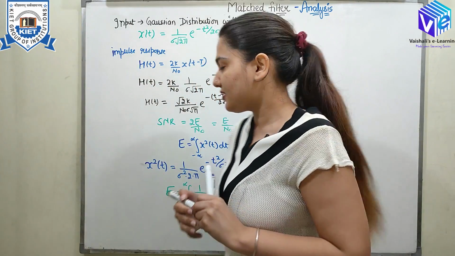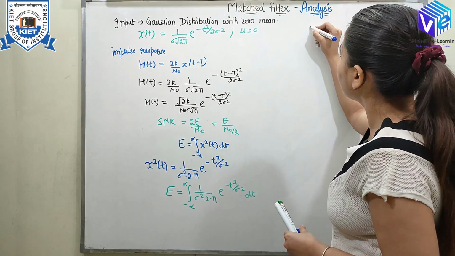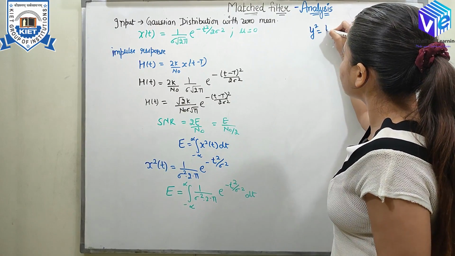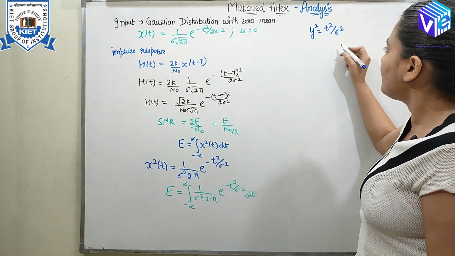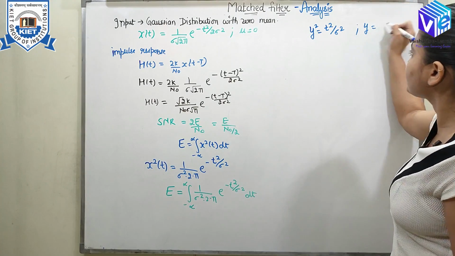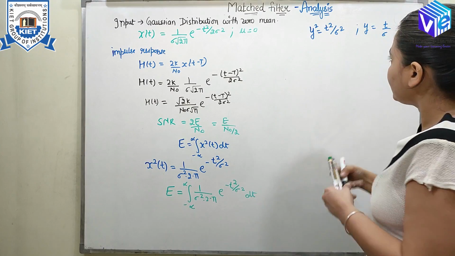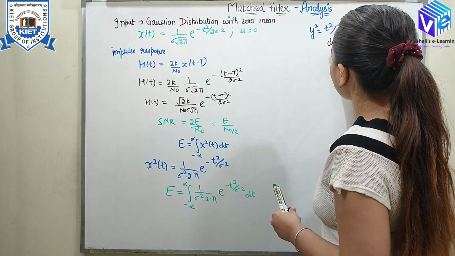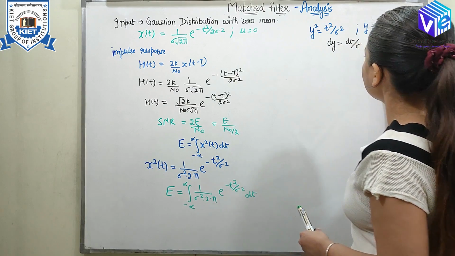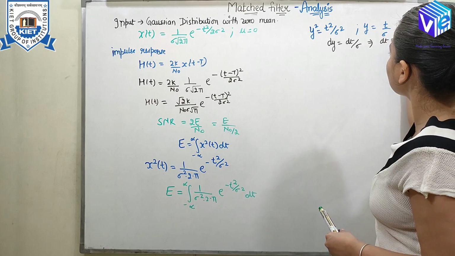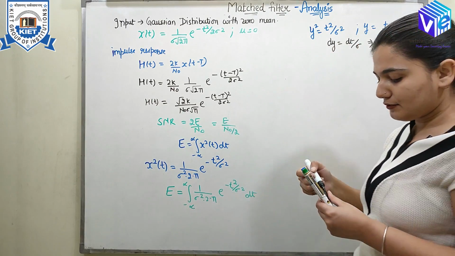Now this is a complex integration, so what will I do? I'll take y square is equal to t square upon sigma square, which implies y would be t upon sigma. If I find dy, it is equal to dt upon sigma, or I can say dt is equal to sigma dy. I'll just replace these values here.